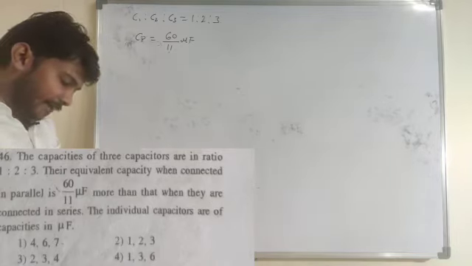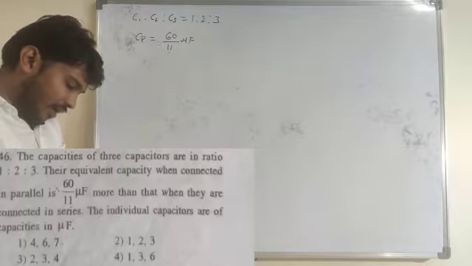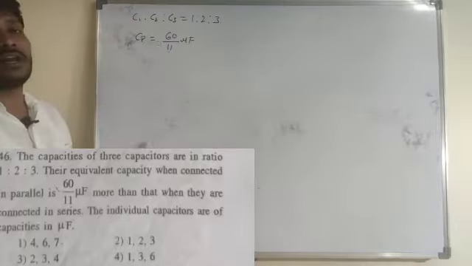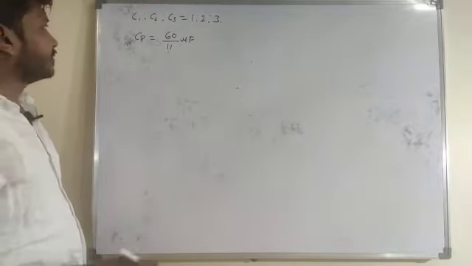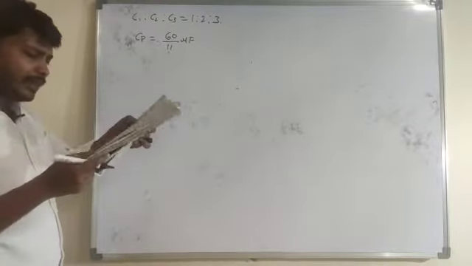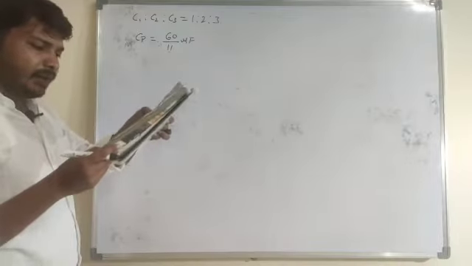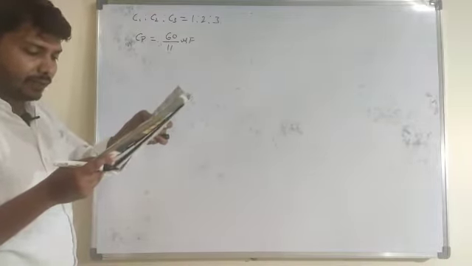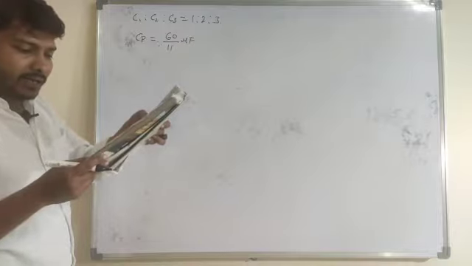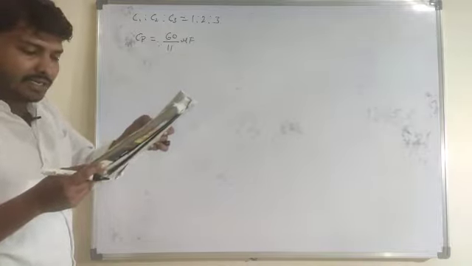Which thing do I need to determine here? The individual capacitances. They mention that the equivalent capacitance when connected in parallel is 60 by 11 microfarad more than when connected in series.